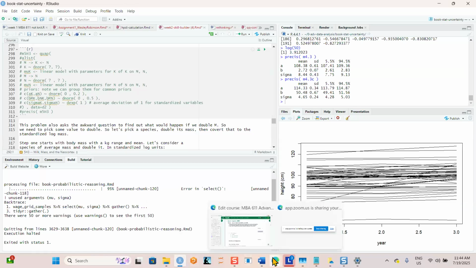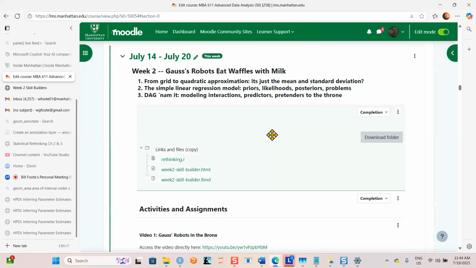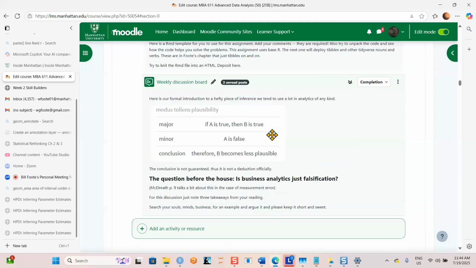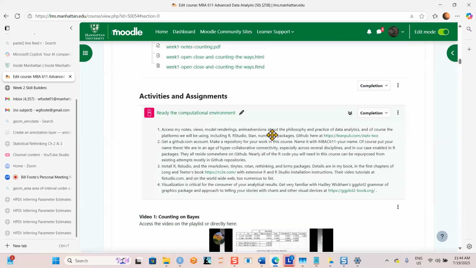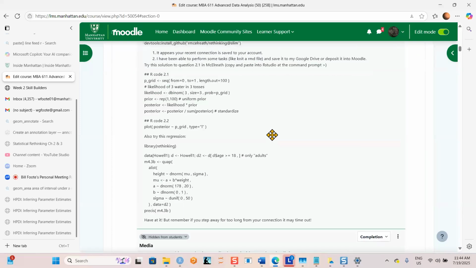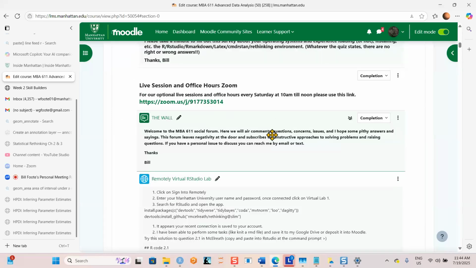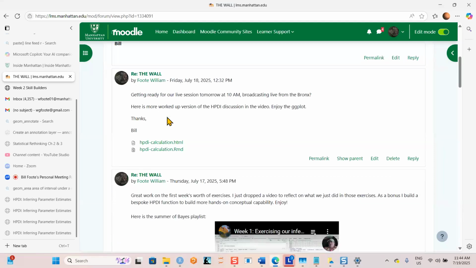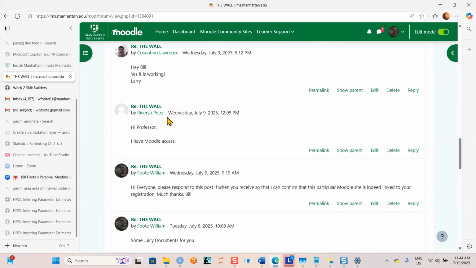And hopefully, let me see, where did I put that? I put that in one of the weekly discussions up here. And the wall. I have Moodle access.